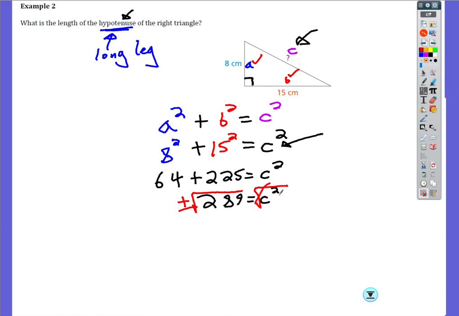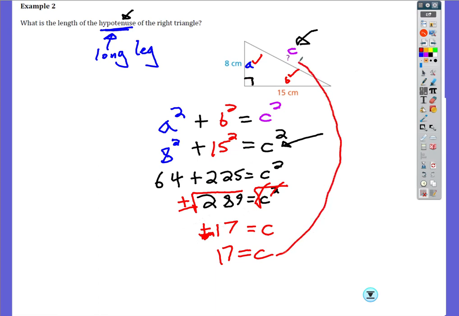Square root undoes the square, and I get C is equal to the square root of plus or minus 289. The square root of 289 is 17, so we get plus or minus 17. And we'll say, well, this is a side length. A side length can't be negative, so we're just going to take the positive value. It's just 17.